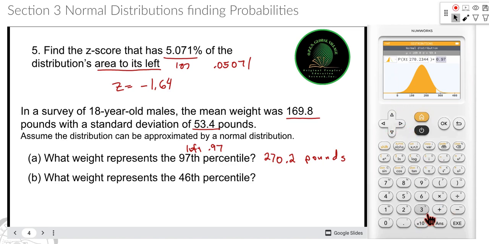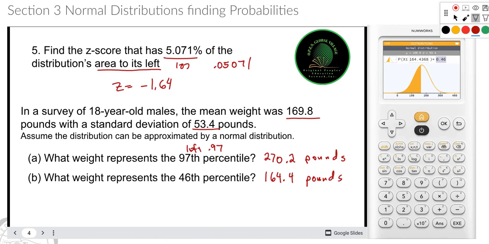We just changed 0.97 to 0.46. Execute, and we've got our weight. Remember, that's 46%. If we were at the mean, that would be 50%, right? The mean is always the 50th percentile, so it's a little bit lower than the mean, 5 pounds or so. So that would be 164.4 pounds.